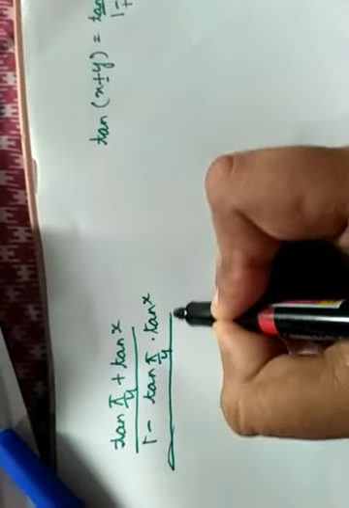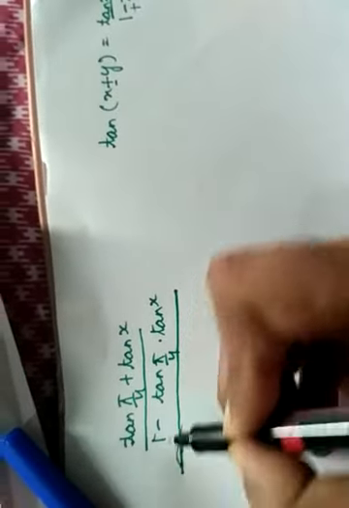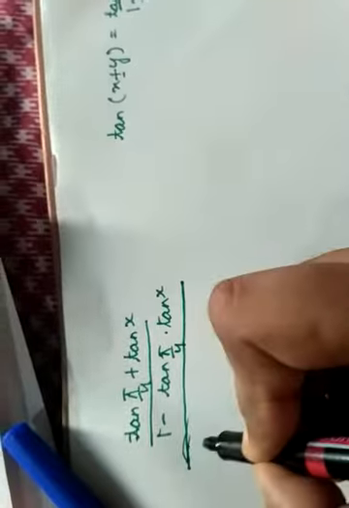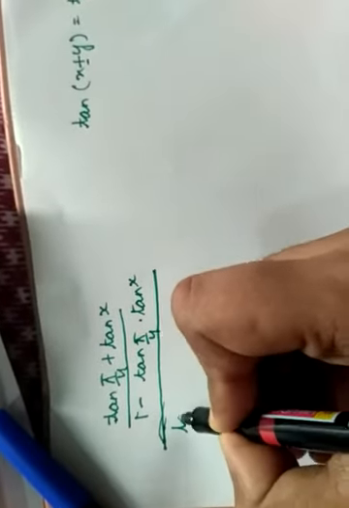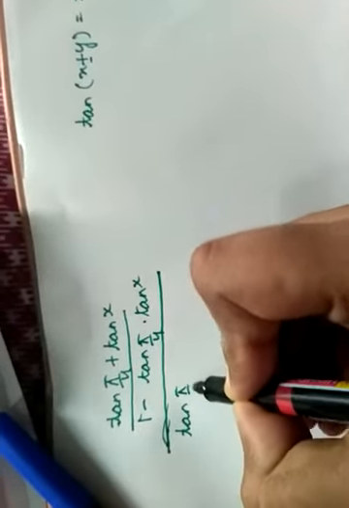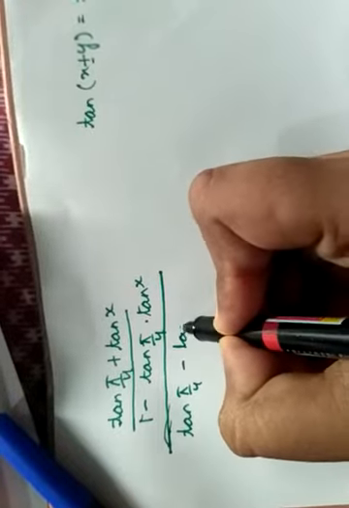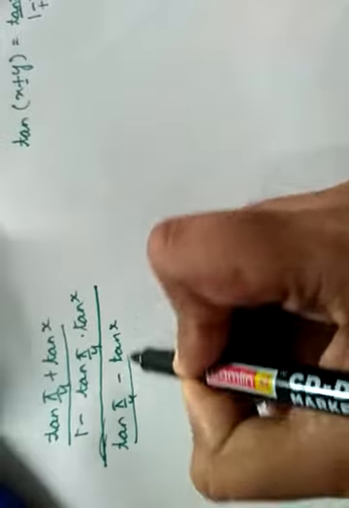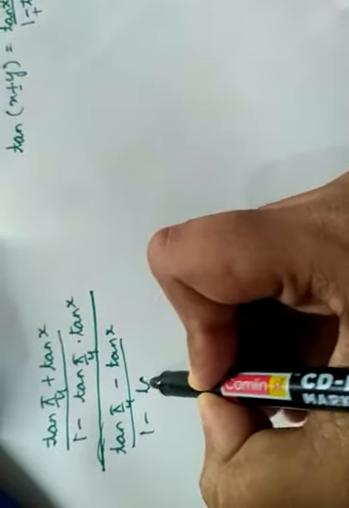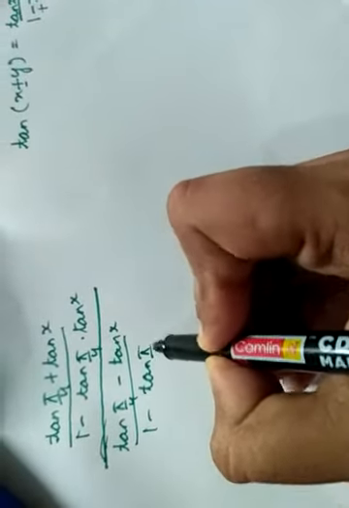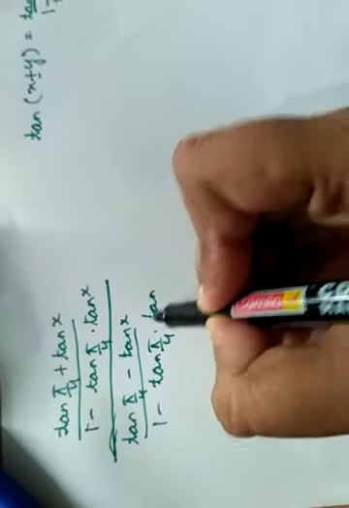Similarly, we will expand the denominator, which is tan of (pi/4 - x). So we can write here (tan pi/4 - tan x) upon (1 + tan pi/4 into tan x).